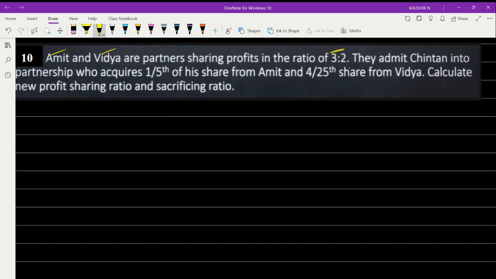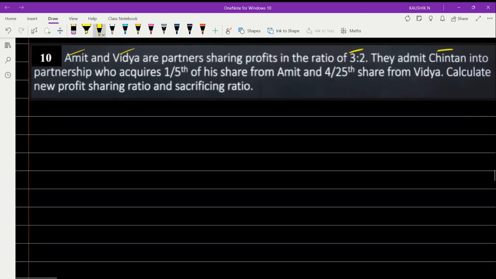They admit Chintan into the partnership, who acquires one fifth of his share from Amit and 4 by 25th share from Vidya. So what is the keyword they used for acquire? Calculate the new profit sharing ratio and the sacrificing ratio.